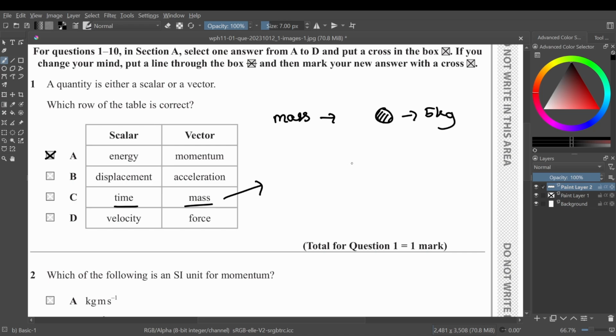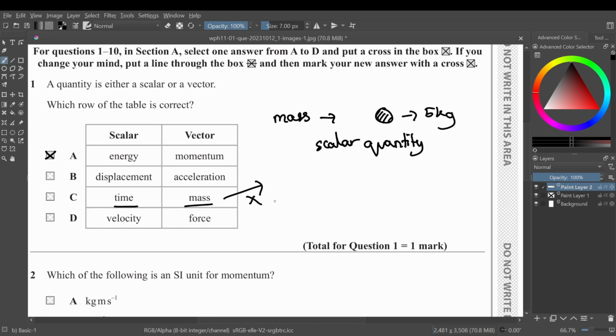Whether it is on earth, in space, or on whatever planet, the mass value is not going to change. So it is a scalar quantity, with no effect of direction. That's why option number C is incorrect.